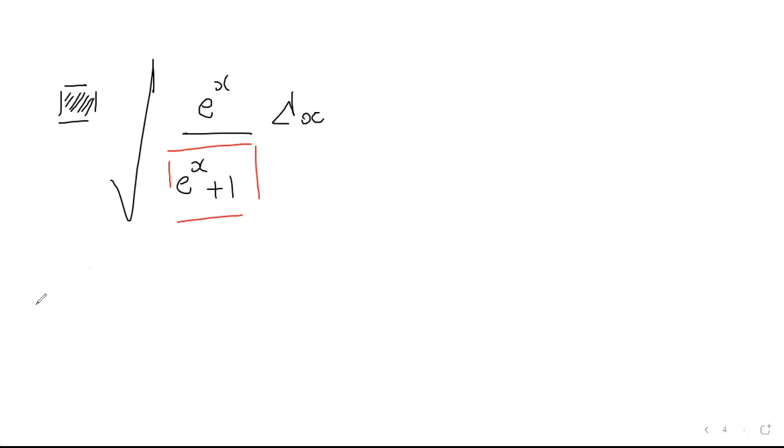I'm going to say e to the power x plus 1 can be written as u. If that's the case, I rewrite this expression. It becomes the integral of e to the power x over u dx.